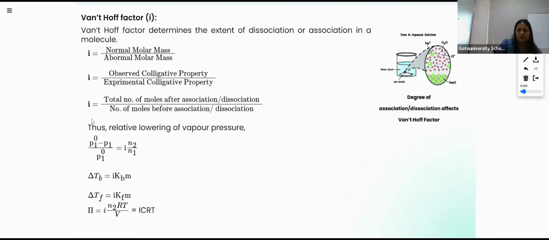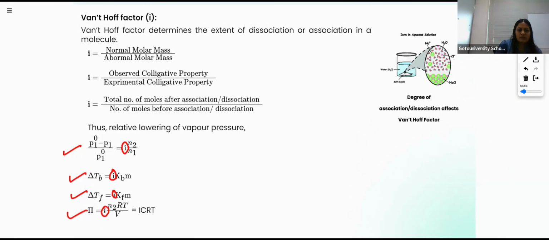And we can also relate the van 't Hoff factor with all the colligative properties. Here we have the first colligative property, second, third and fourth. We have just discussed the 4 colligative properties.